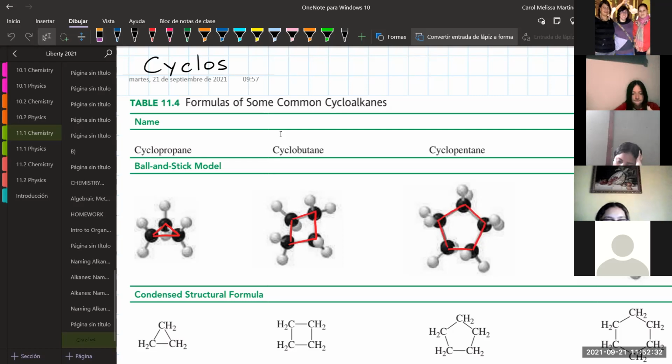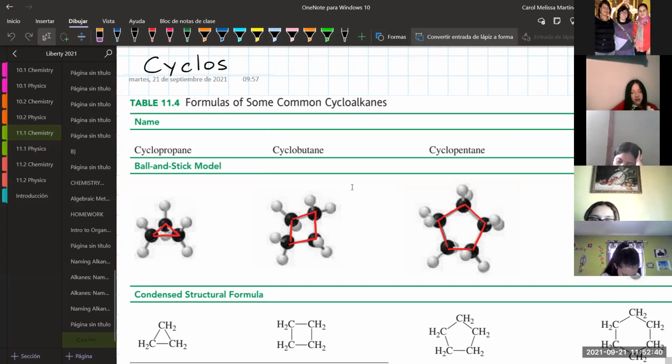So they are geometrical shapes, and when this occurs, we are talking about cyclos, okay? Now this is the ball and stick model. We're not going to do these models, but in here you are able to see the carbon attached to every hydrogen.